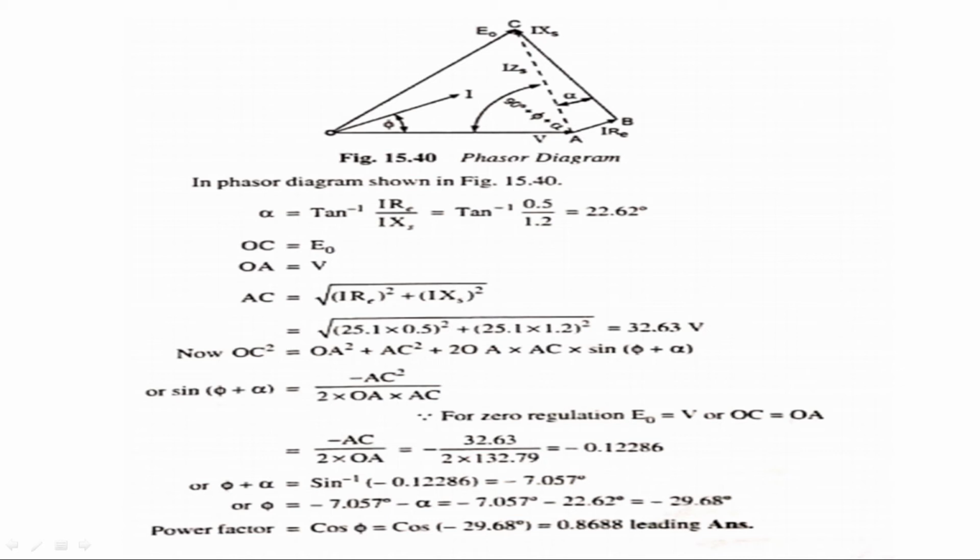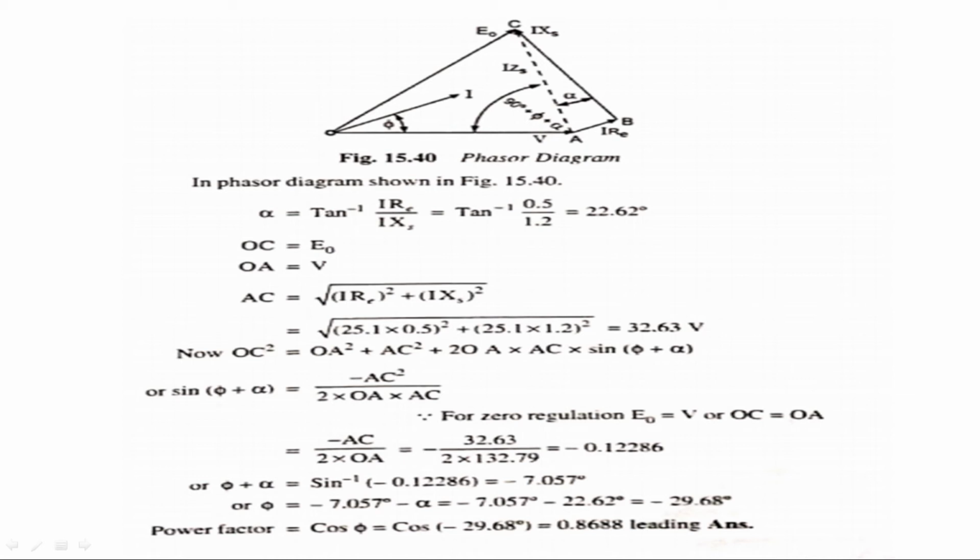Now alpha is tan inverse of IRE by IXS, that is tan inverse of 0.5 by 1.2, that is 22.62, the value of alpha here. OC is E naught and OA is V. So AC is the root of IRE square plus IXS square. The AC value we got is 32.63 volts.